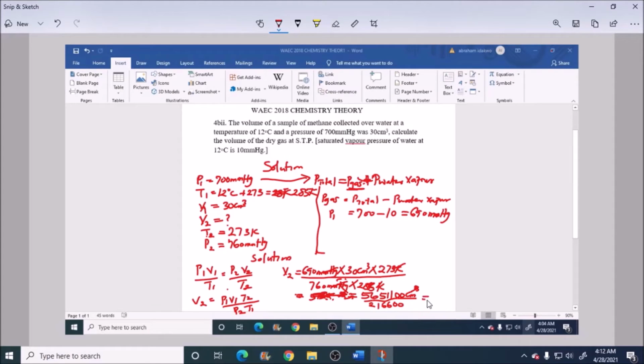Then when we divide the two together, we have 26.09 centimeter cube. So that is what we are asked to calculate. That is the volume 2 we are asked to calculate. So the V2 here is 26.09.